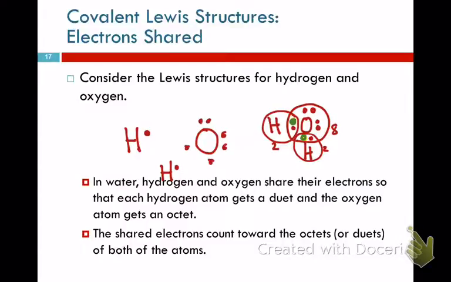So, real quickly, another way to draw this is like this. So a line, regardless of where you see it or how it's drawn, is a pair of electrons. It's 2 electrons.